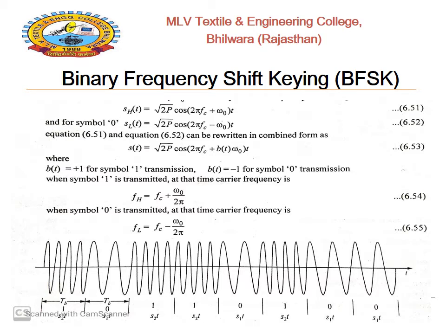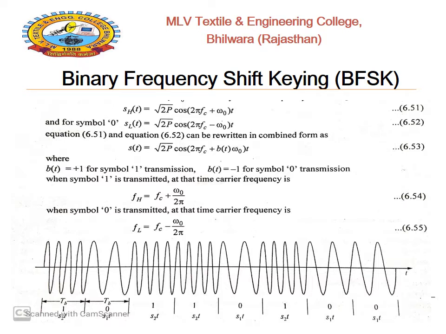In binary FSK, individual data bits are used to control the frequency of the carrier signal. During each bit interval, the modulator shifts the carrier to one of two possible frequencies depending upon the value of the bit being modulated. That means there are two bits, 1 or 0.